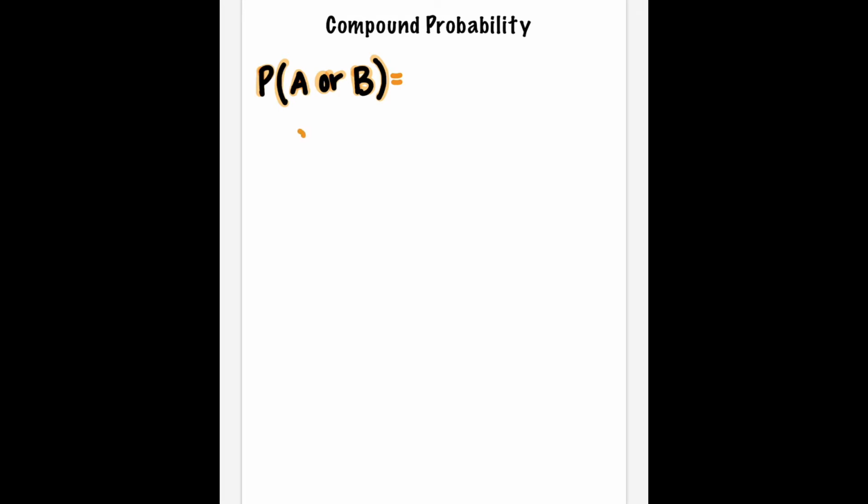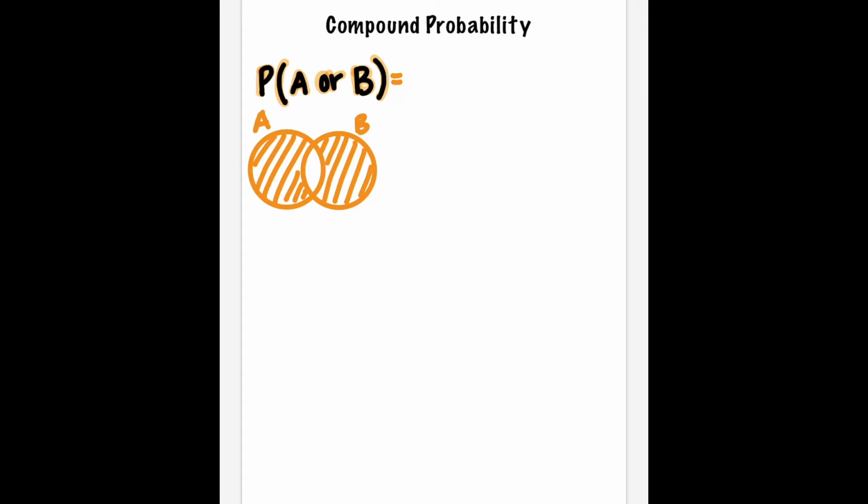So if we consider event A and we consider event B, then we are looking at the probability that A occurs or the probability that B occurs, but not the probability that they both occur.